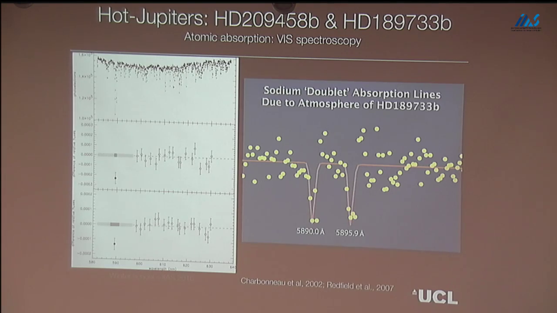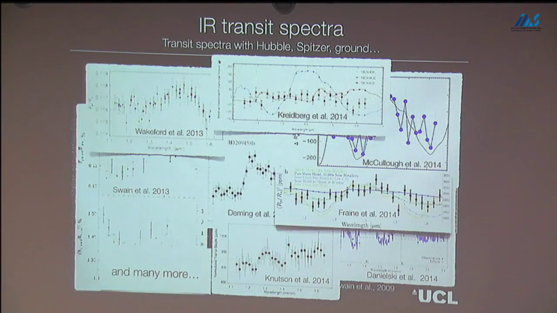Okay, so moving to the infrared part of the spectrum. Spitzer, of course, is also providing an enormous amount of information, but if we're looking at spectroscopy, it's mainly NICMOS and the newcomer WFC3 that is providing really new, very good measurements.